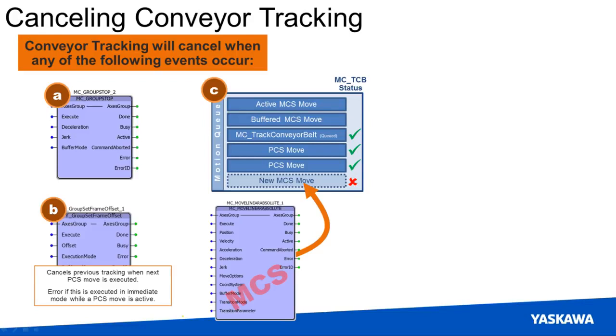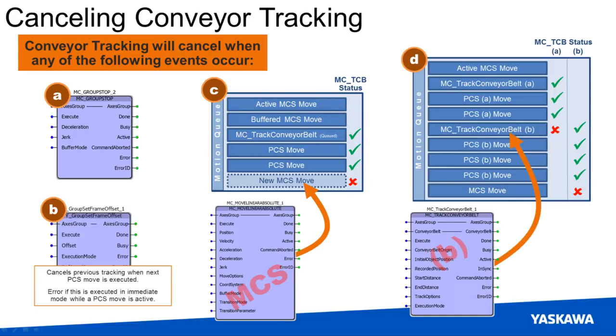So an MCS move, when track conveyor belt is active, will cancel the conveyor tracking. You'll notice that the MCS moves that I called before conveyor tracking was active did not cancel the pending track conveyor belt. And the last way that you can cancel conveyor tracking, sort of, is to start a relationship over.